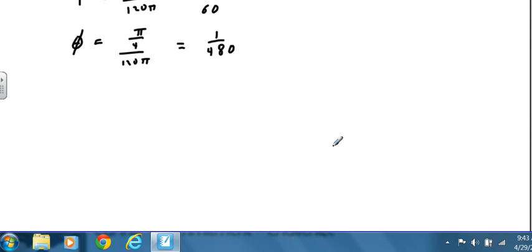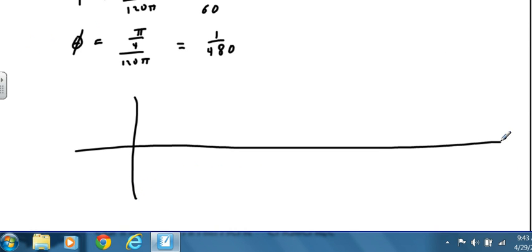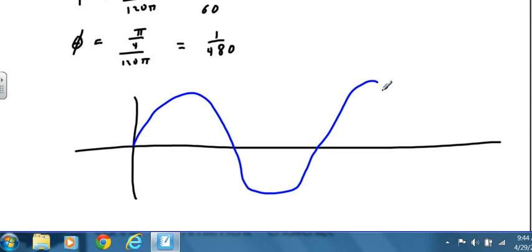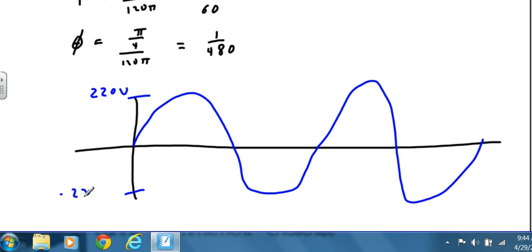All right, so now I'm going to graph it, and I'm supposed to graph it for 2 periods. It's a sine wave. It's going to start at 0, go up, go down. There's 1 period. It goes up, goes down. There's 2 periods. I make it up to 220, and all the way down to minus 220. And then, oh bummer, I forgot the phase shift.